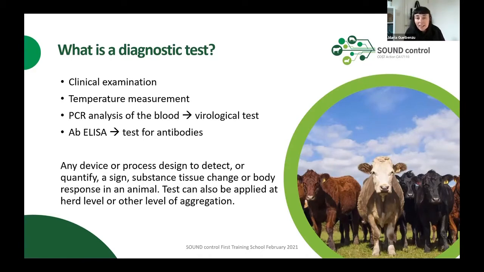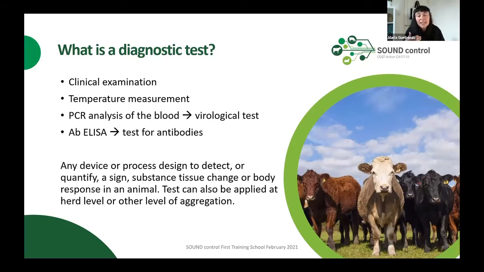So a clinical examination, temperature measurement, and any kind of process that is going to help us in our decision-making process, which is going to have really two settings. We could use them in a clinical setting, so really to determine what are we going to do next, whether the animal has the disease or not, throughout our decision-making process, or in a research context.